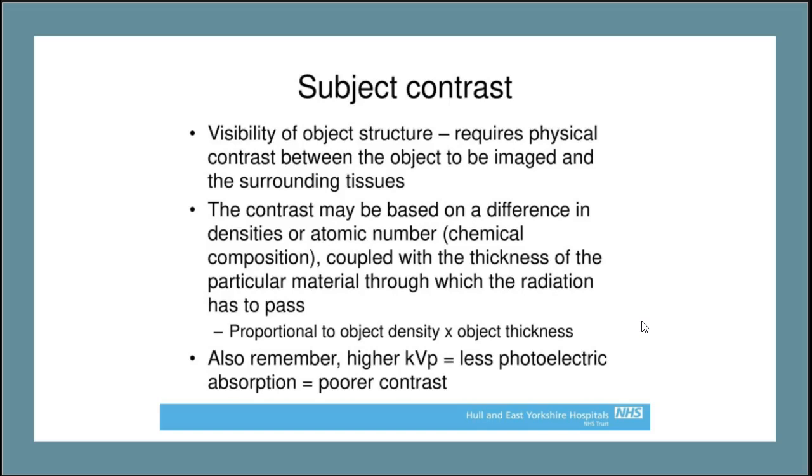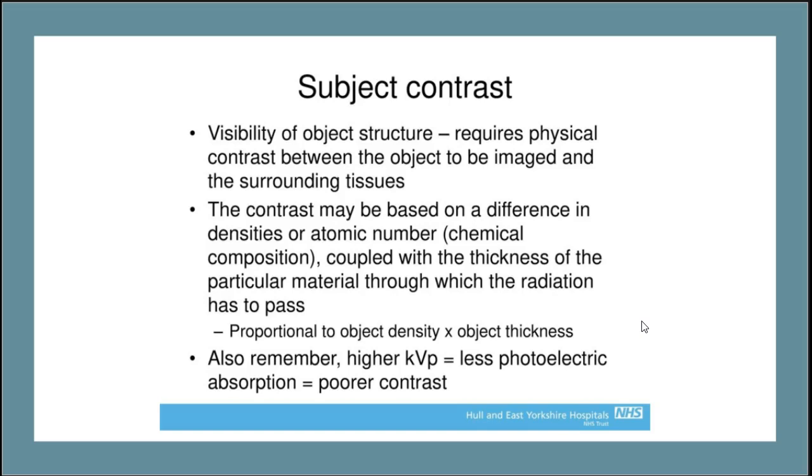So you'll see a lucency, a dark line around the liver, a dark line around the kidney. That's going to help them pop out so that you can see, okay? The contrast may be based on difference in densities or atomic number, chemical composition, coupled with the thickness of a particular material through which radiation has to pass. So it's proportional to the object density times the object thickness.